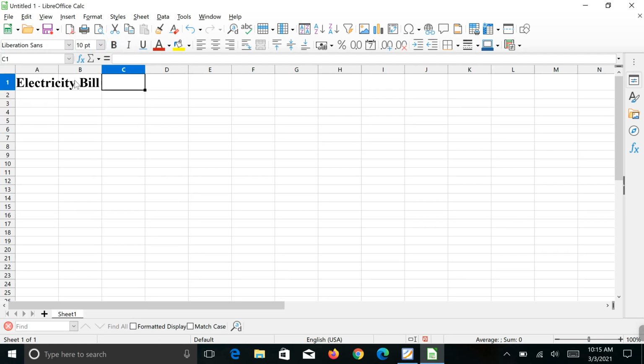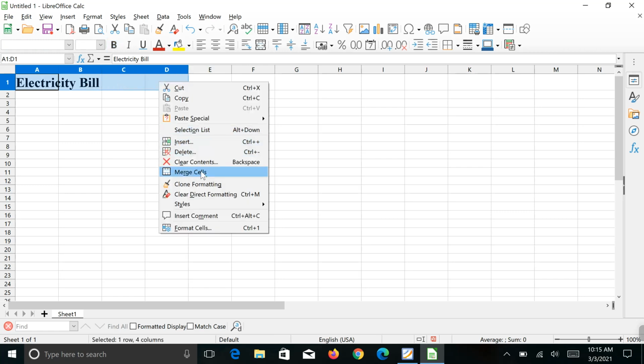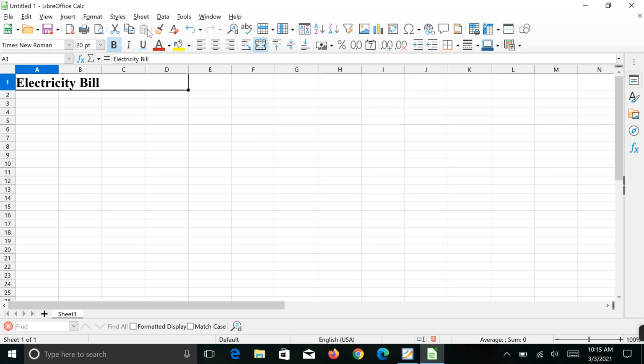So I'll merge these cells, so that I can put it in the middle. So electricity bill is the heading.